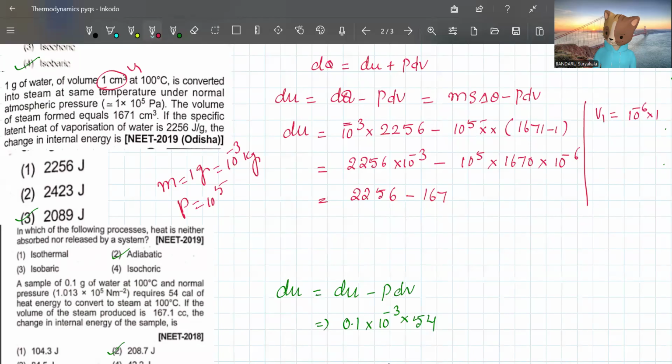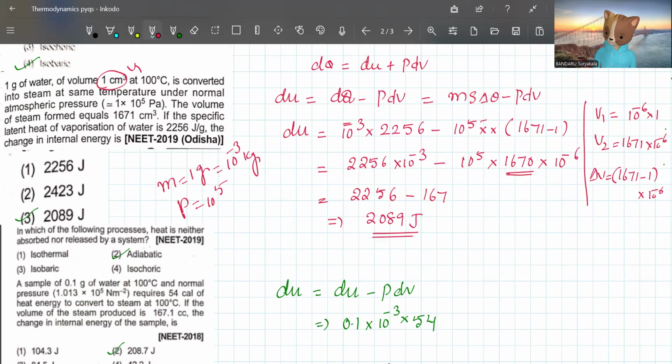V2 they gave as 1671 into 10 power minus 6. So delta V, if you take 1671 minus 1, into 10 power minus 6, you will get 1670. Okay, so if you do the calculation, you will get 2089 Joule.